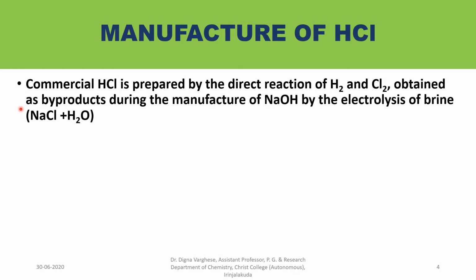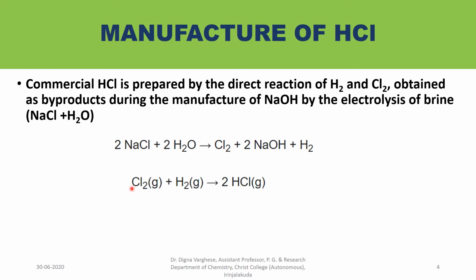Brine means a mixture of sodium chloride and water, and when the brine solution undergoes electrolysis for the production of sodium hydroxide, we will get chlorine as a byproduct here, and by the combination of chlorine and hydrogen in the presence of UV light, we will get hydrochloric acid. This is an exothermic reaction.